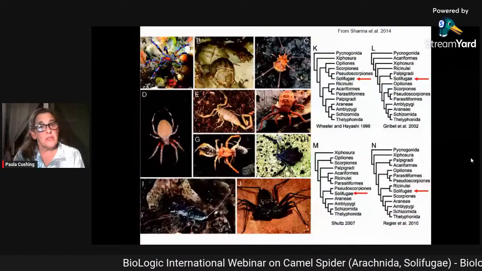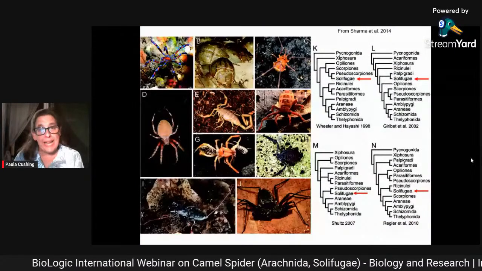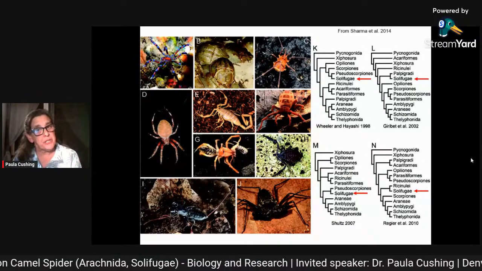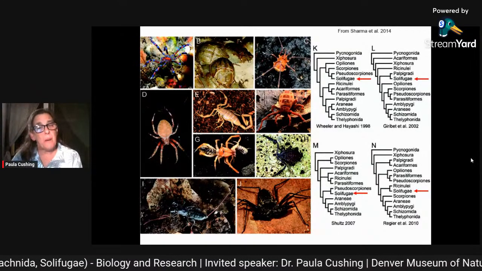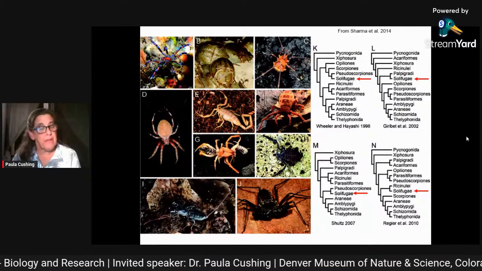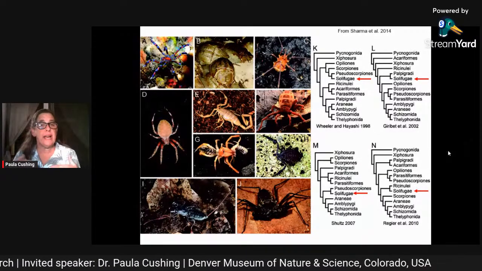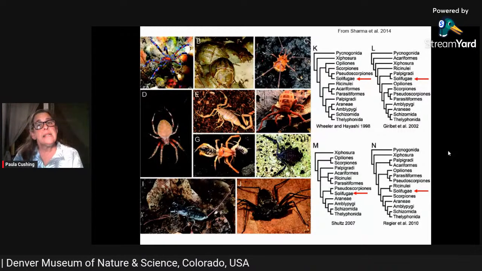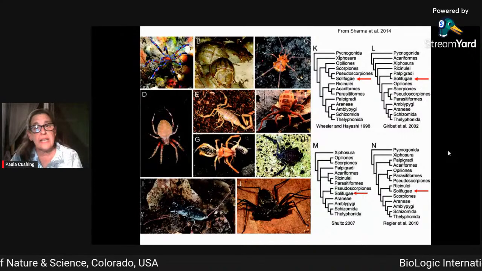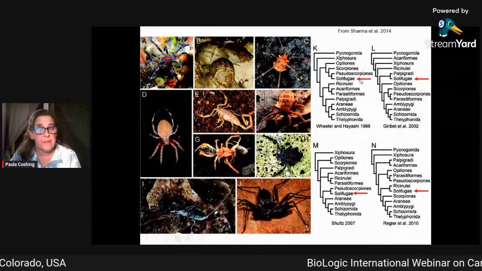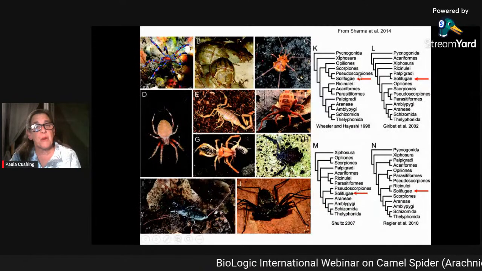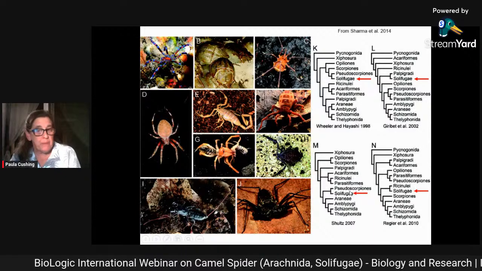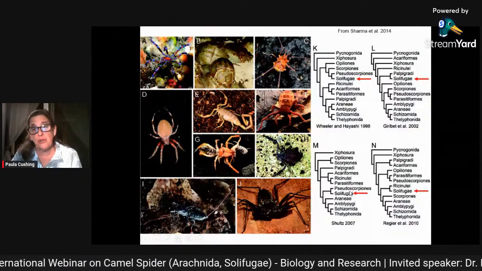Now, how Solifugae, how camel spiders, are related to those other orders of arachnids is still yet to be determined. There have been some phylogenetic analyses looking at the relationships between different orders of arachnids. Some of these studies have hypothesized that Solifugae are most closely related to pseudoscorpions.